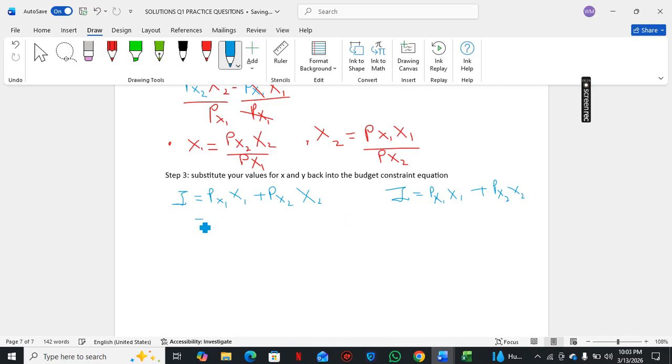So substitute your values for X, in this case X1 and X2. X1 equals PX2 X2 over PX1. So in our budget constraint equation you're going to say PX1 and you substitute it for PX2 X2 over PX1 like this.